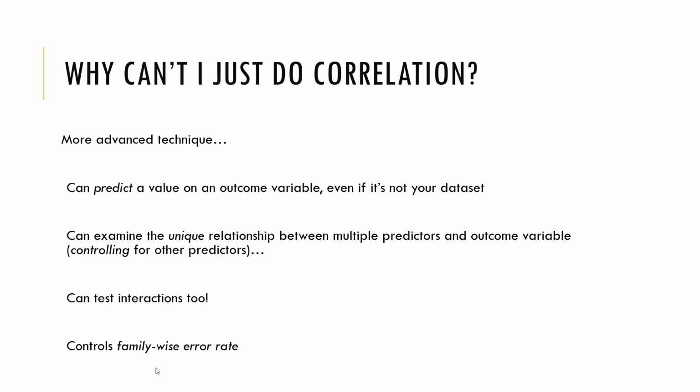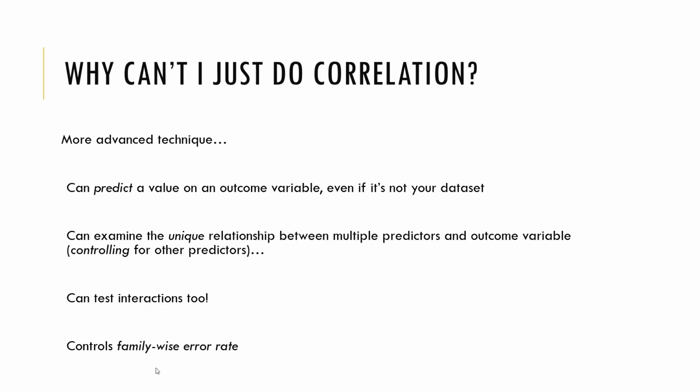You can also use it to test interactions. There are ways of creating interaction terms between categorical predictors. We'll come on to this in a little bit, but you can have predictor variables that are either continuous in a linear regression or that are dichotomous, so they have 2 categories.